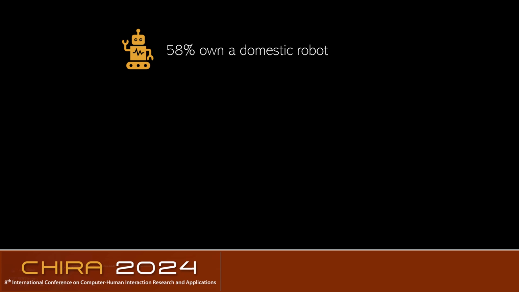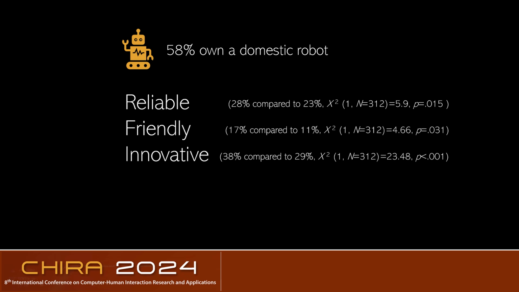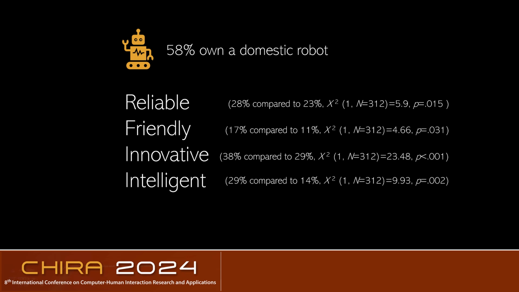Compared to the respondents who don't own a robot, they tended to perceive the robot as more reliable, friendlier, more innovative, and more intelligent, regardless of the robot motion profile.